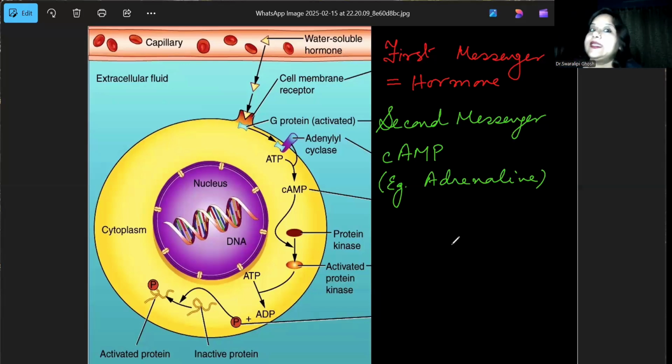Next we can say inositol triphosphate, IP3, then diacylglycerol.